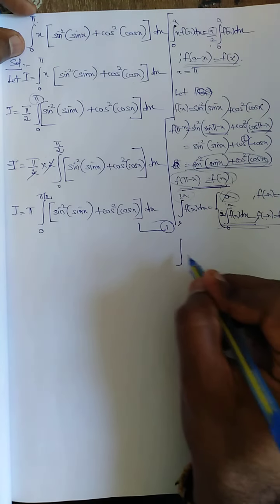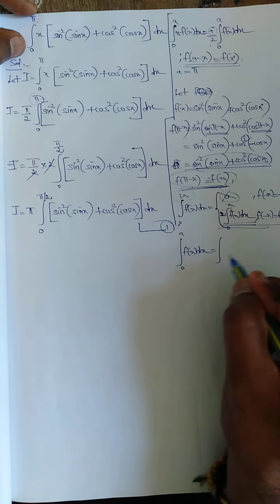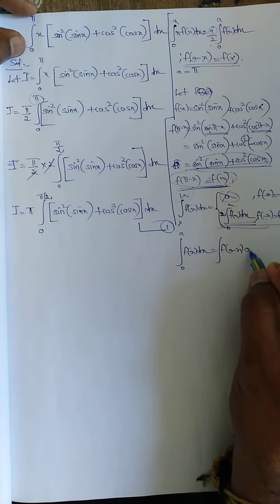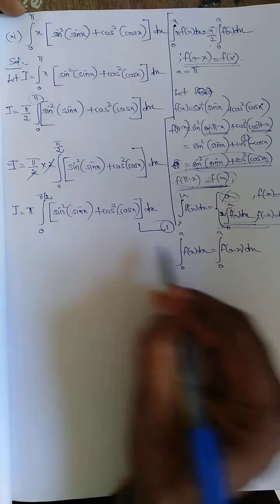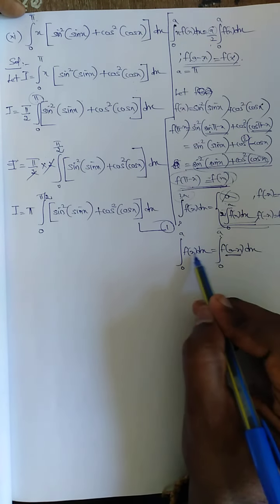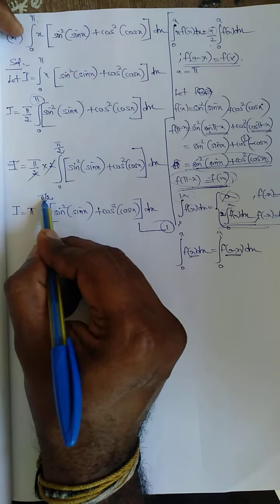We know another property. What is the other property? Integral of f of x dx from 0 to a, how do we write it? F of a minus x dx from 0 to a. In place of x, a minus x. What is a here? Pi by 2.